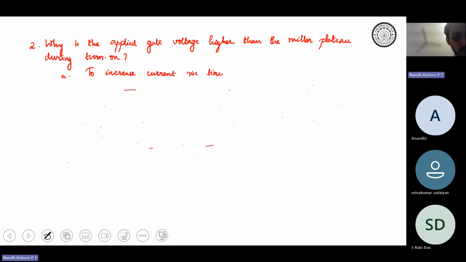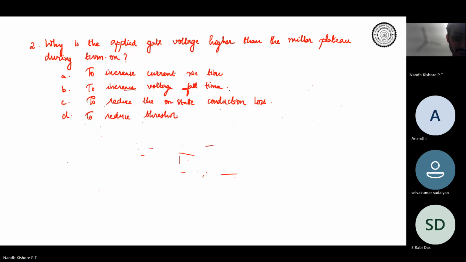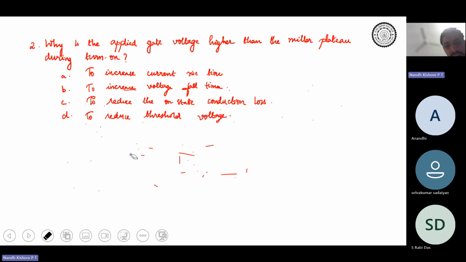To increase current rise time, to increase voltage fall time, to reduce the on state conduction loss, to reduce threshold voltage. Okay, so can you tell the answer for this question quickly?